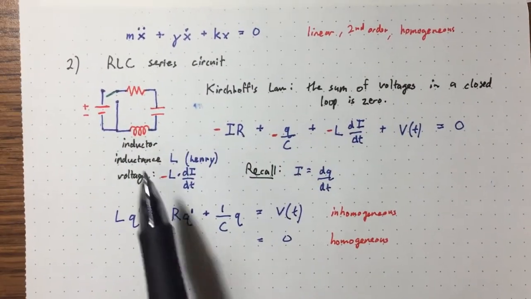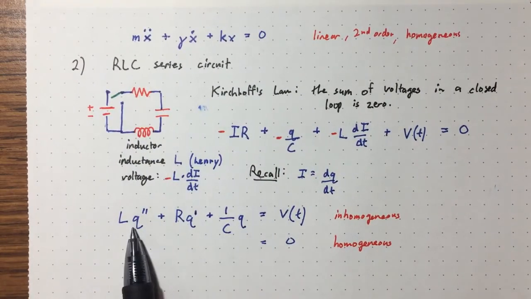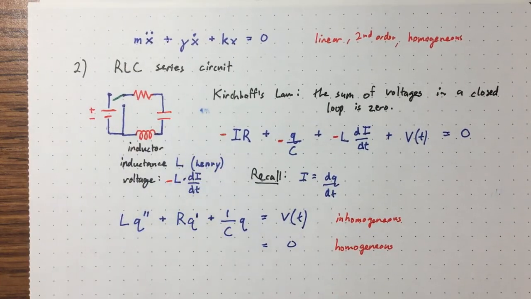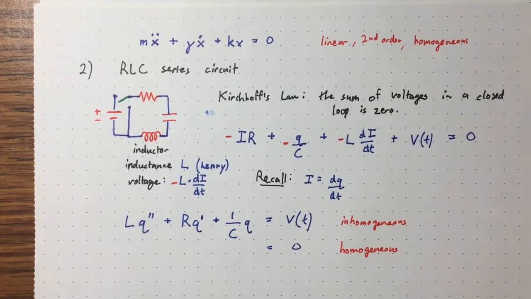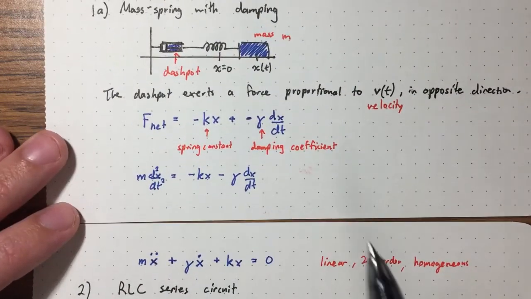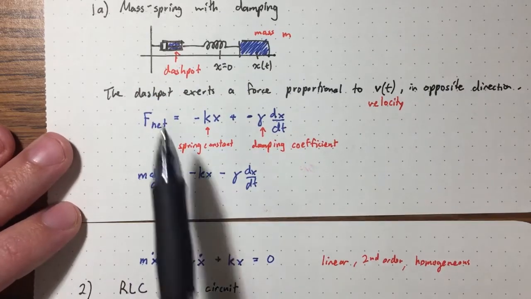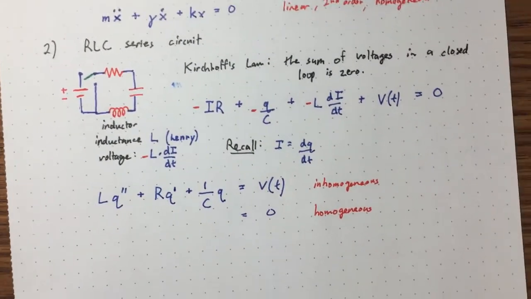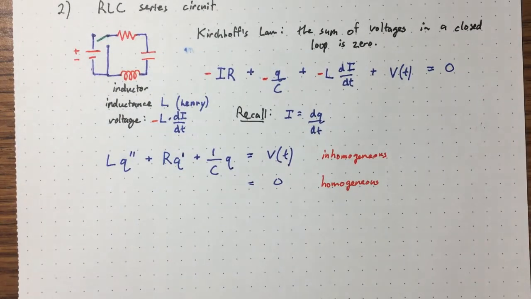So in other words, even if you're having a hard time imagining what the charge is, or what these things are doing, you can actually think of this charge function as the position function of a mass attached to a spring with some damping coefficient. So that's a really useful observation to make at the moment.